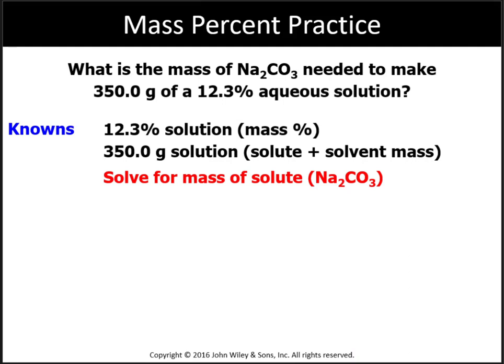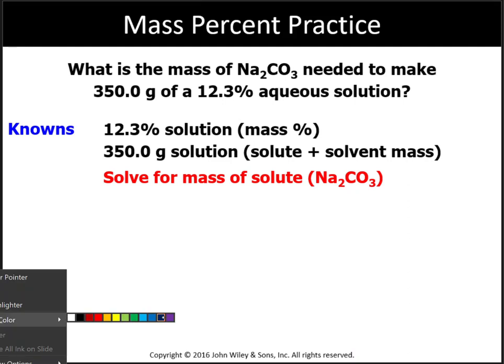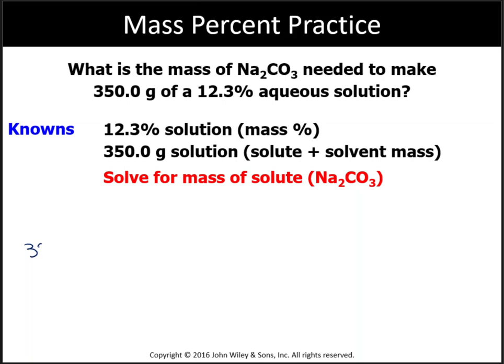So let's look at this. We'll start with what's given to us, which is 350 grams solution, and your solution is 12.3%. I'm going to use that as my conversion factor. So 12.3%, meaning that in each 100 gram solution, there is 12.3 grams of solute.